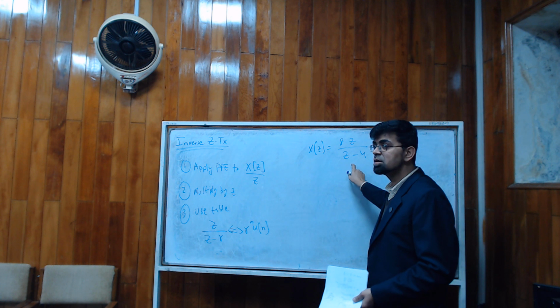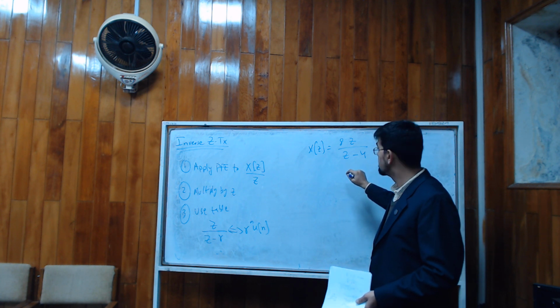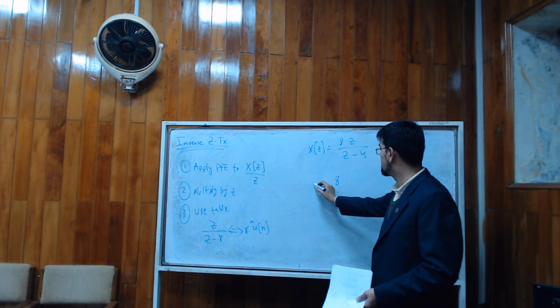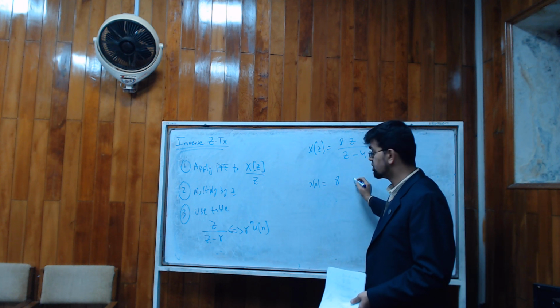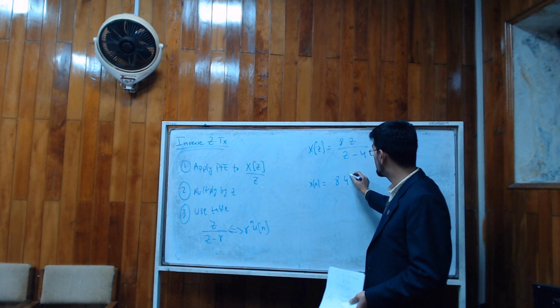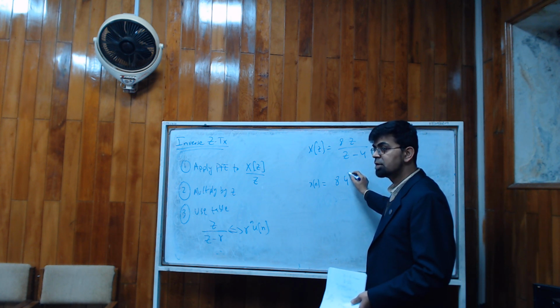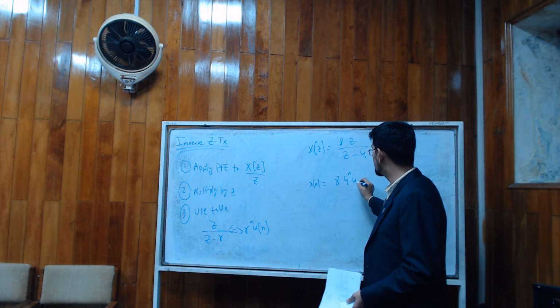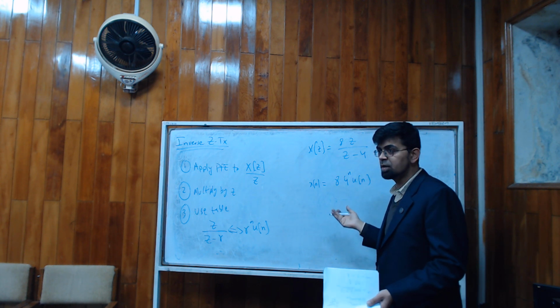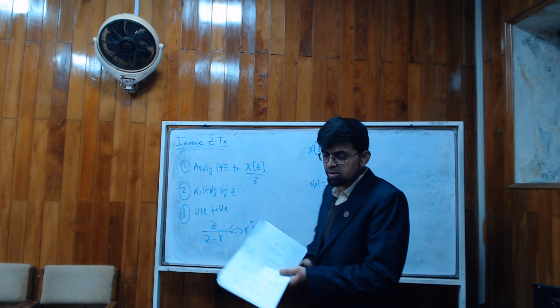So what's the answer? 8 times 4^n u(n). That is the answer, no big deal.